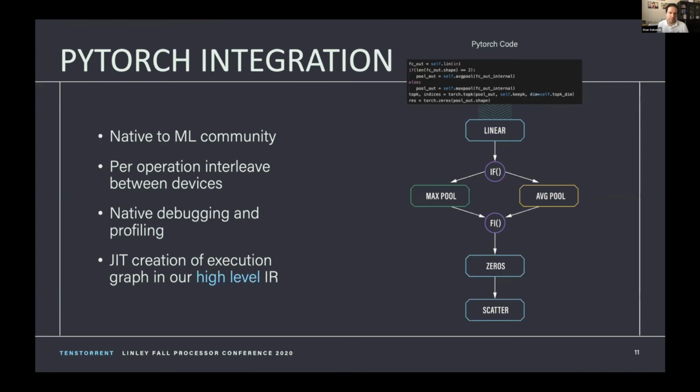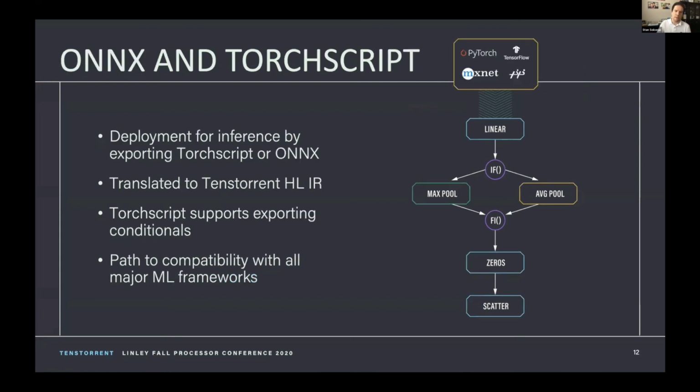While we've developed a huge library of operations that we support, there's always more experimentation going on in the ML world. People are adding new instructions and developing new networks, and we don't want people to be blocked when they introduce a new instruction. We can just fall back onto the CPU, run that there, and then seamlessly come back to the hardware and run at full speed.